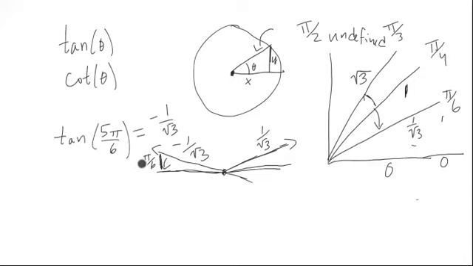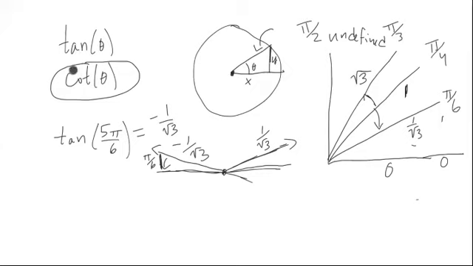Okay, now let's think about cotangent. What is cotangent? Cotangent is simply the reciprocal of tangent. Wait a minute, do you notice how we were taking reciprocals from here to here? We can also do that from this part to this part by changing the angle. Well, if you don't want to change the angle, you can just simply change the function.